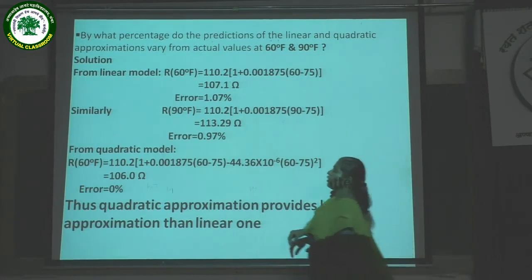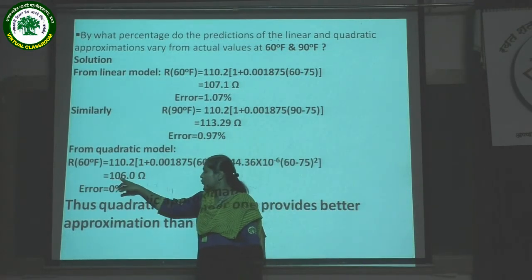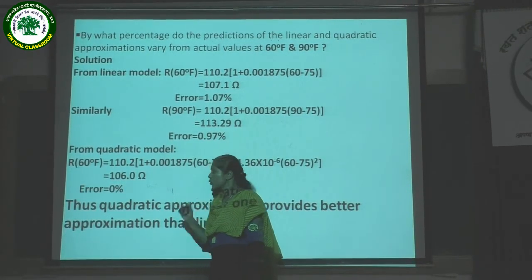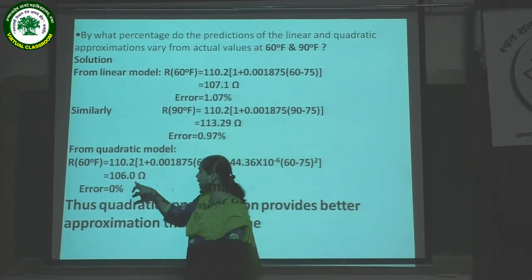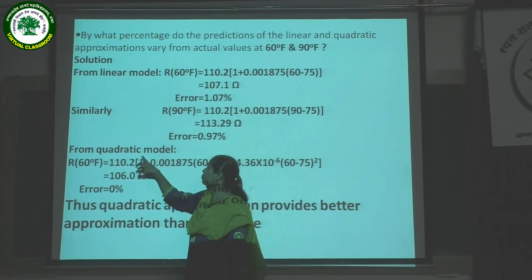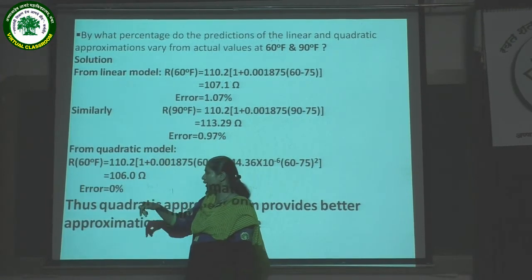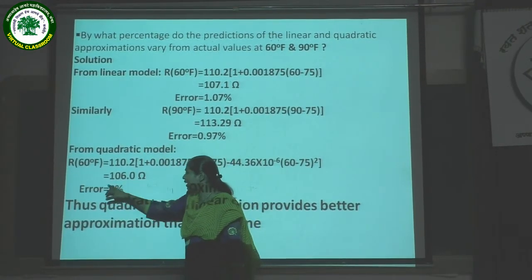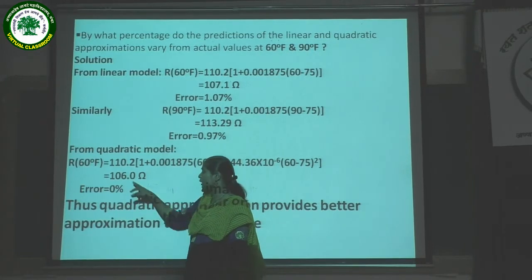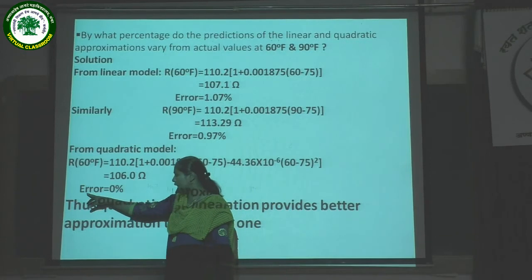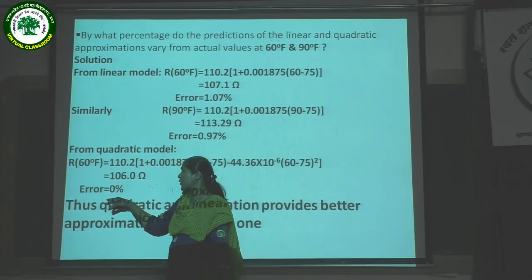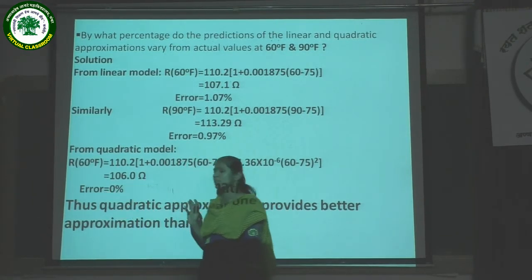By solving it, we will get 106.0 ohm. If we again compare the difference between this calculated value from the quadratic model and the data value, you will notice that there is no big difference between this value and the data value. So we have written over here that the error is approximately, or rather absolutely, 0%.